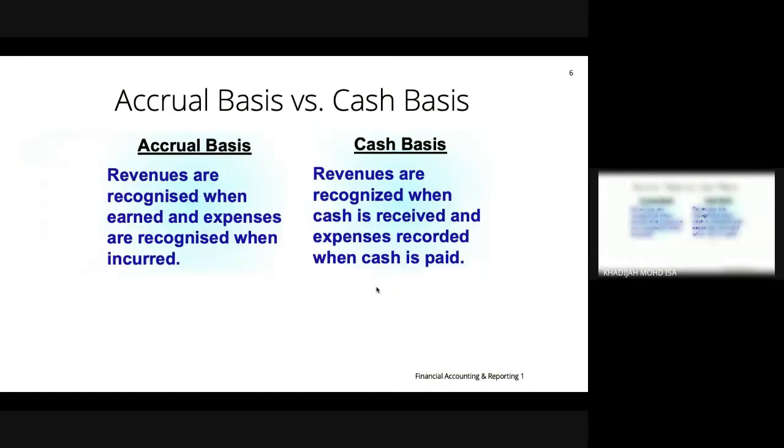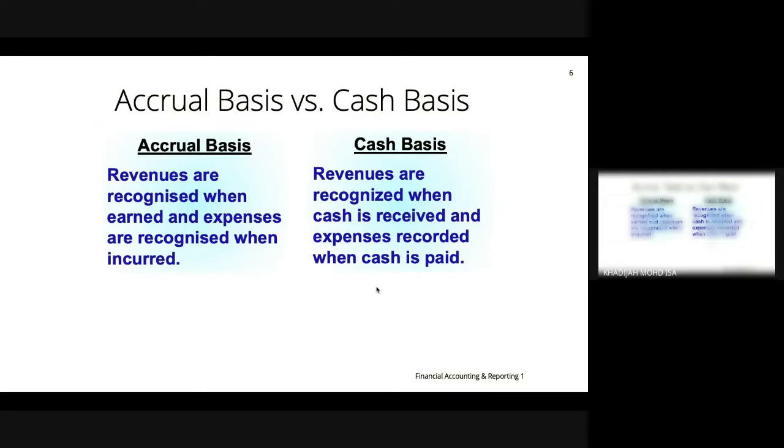Under accrual basis, revenues are recognized when earned and expenses are recognized when incurred. When we talk about revenue earned, we're talking about when goods are sold. Goods sold doesn't mean that you receive cash. You can sell goods first and receive cash later.